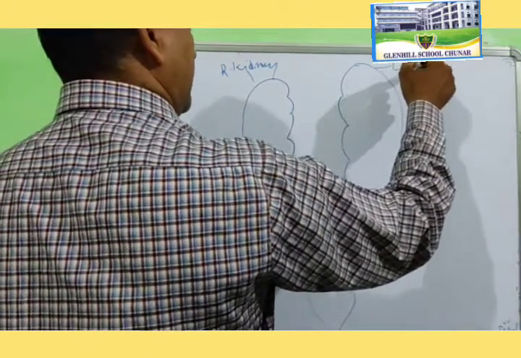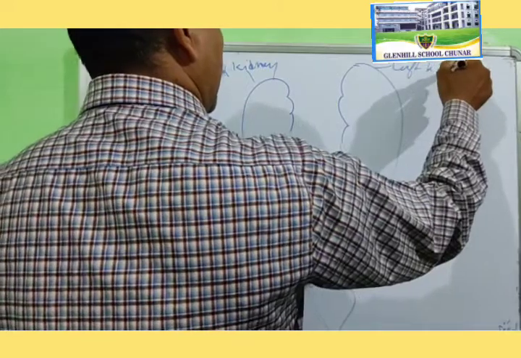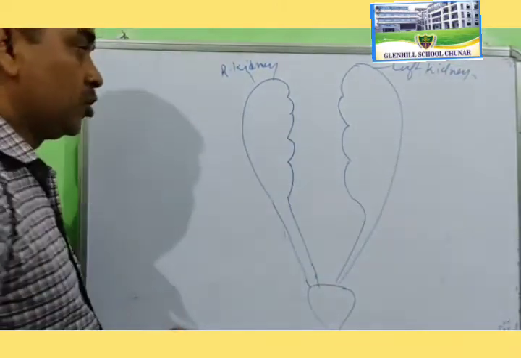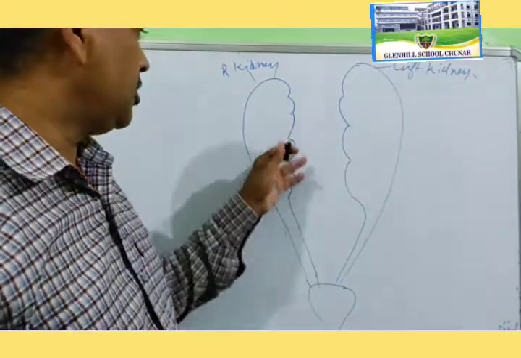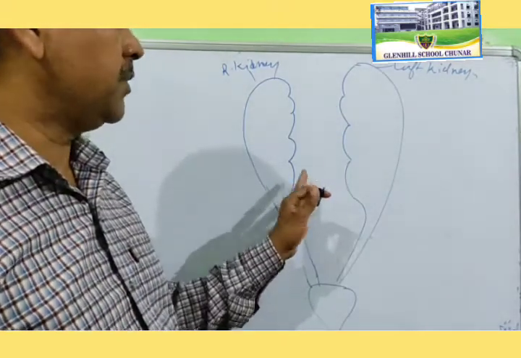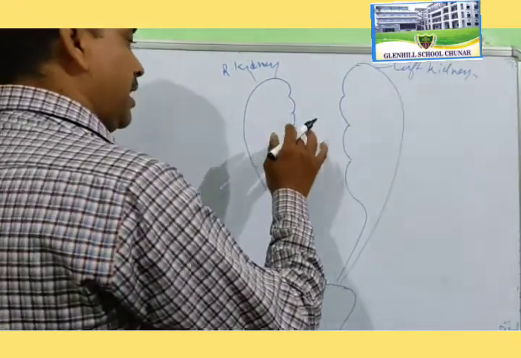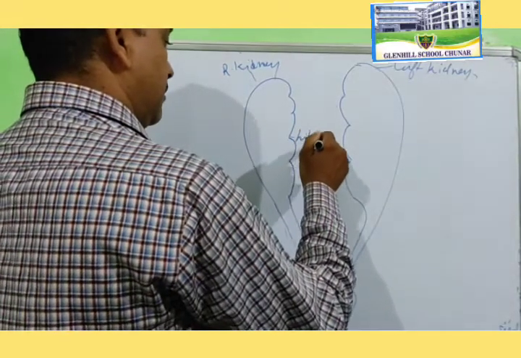So two kidneys are found. There is a sunken structure found on the inner surface of the kidneys. It is called the hilum.